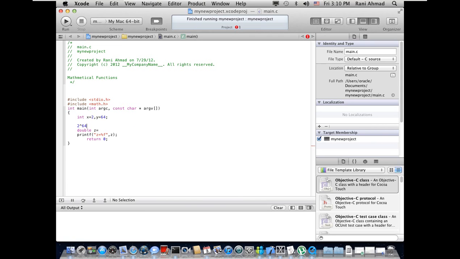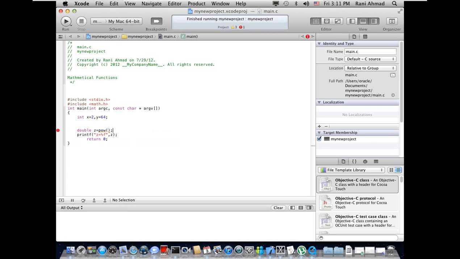This is annoying to write, so there's a function named pow which does the power and takes two things, called parameters or arguments.